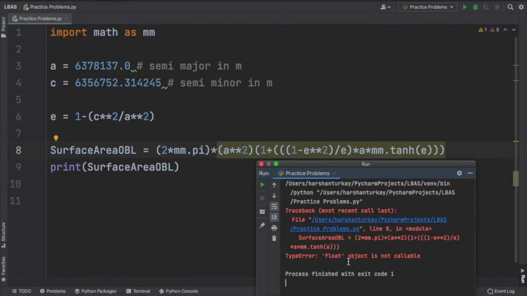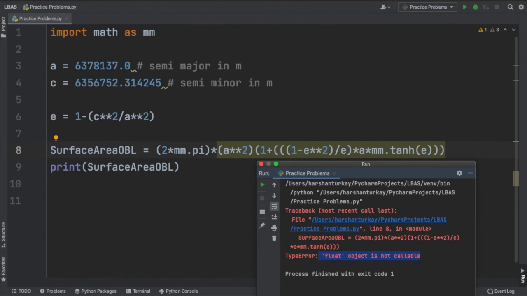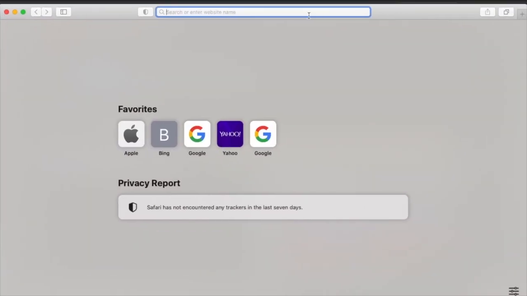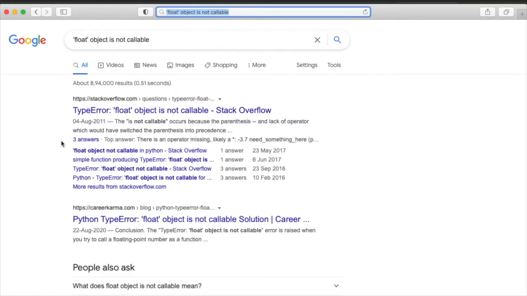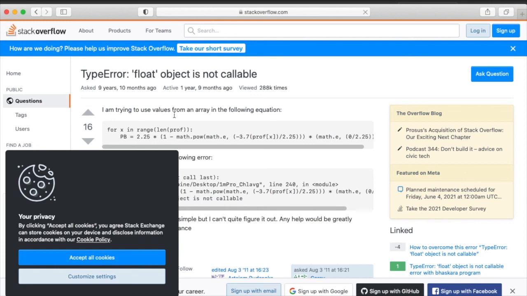So what I'll do is copy this and open Safari and paste it here. Not callable. Now let's see. Stack Overflow is a very good website to find what type of error you're facing.